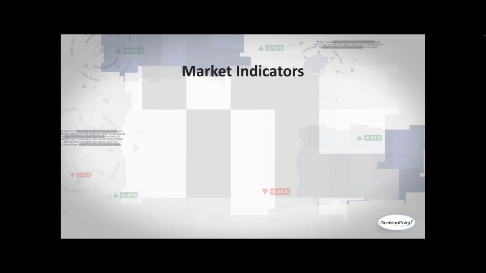The market indicators that we have are plentiful. We have our favorite one, which is the golden and silver cross indexes. I've done various presentations on the golden and silver cross indexes. I'll talk about those today as well. We have price above the 20, 50, and 200-day EMAs.